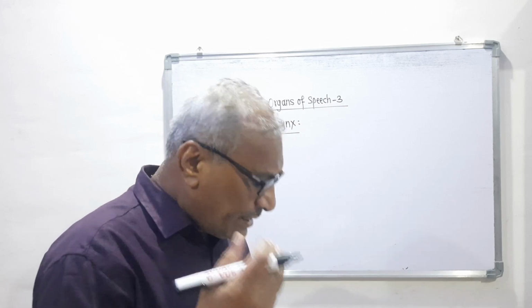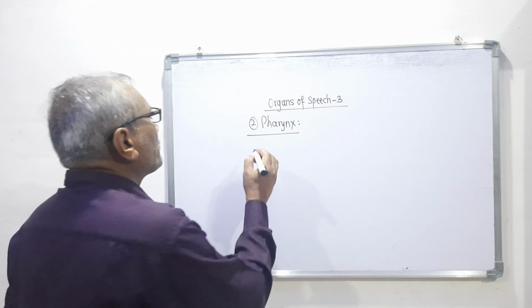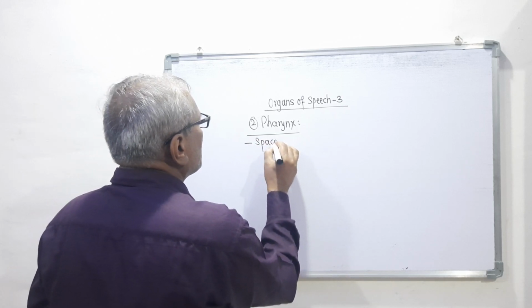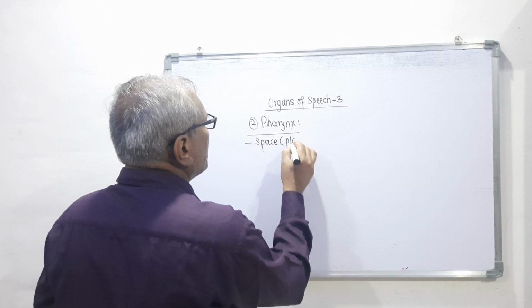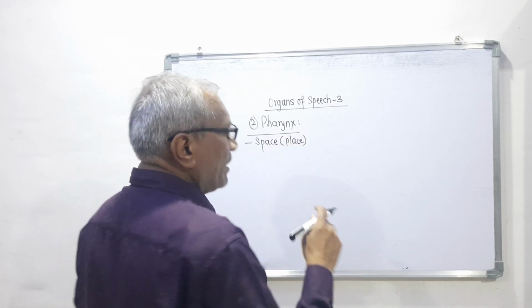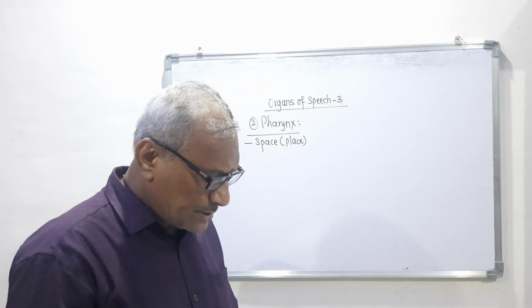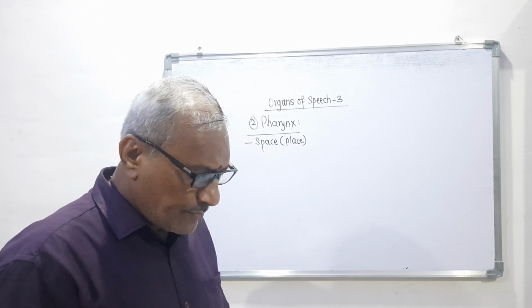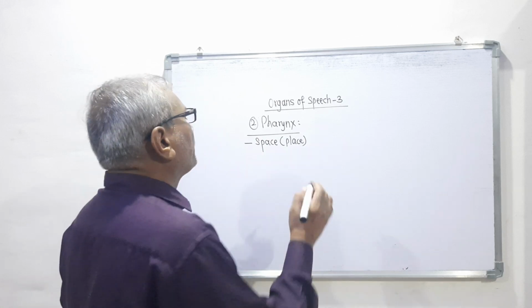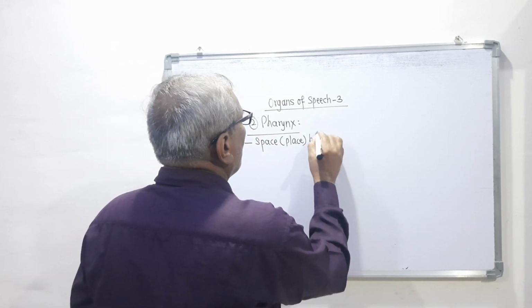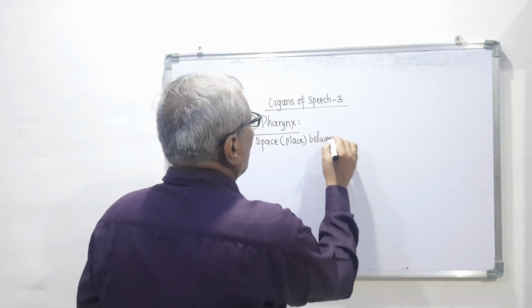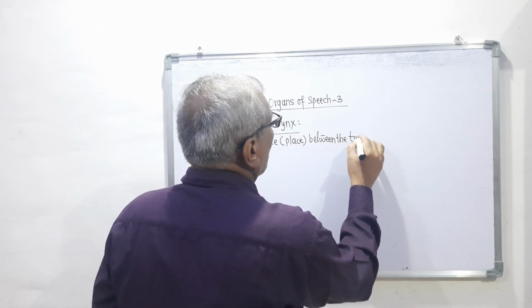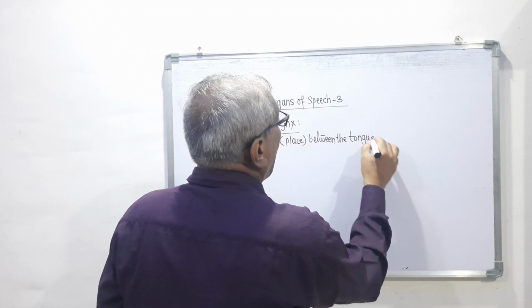The pharynx is the space. Space means it is the place, the section. It is the space between the tongue back.